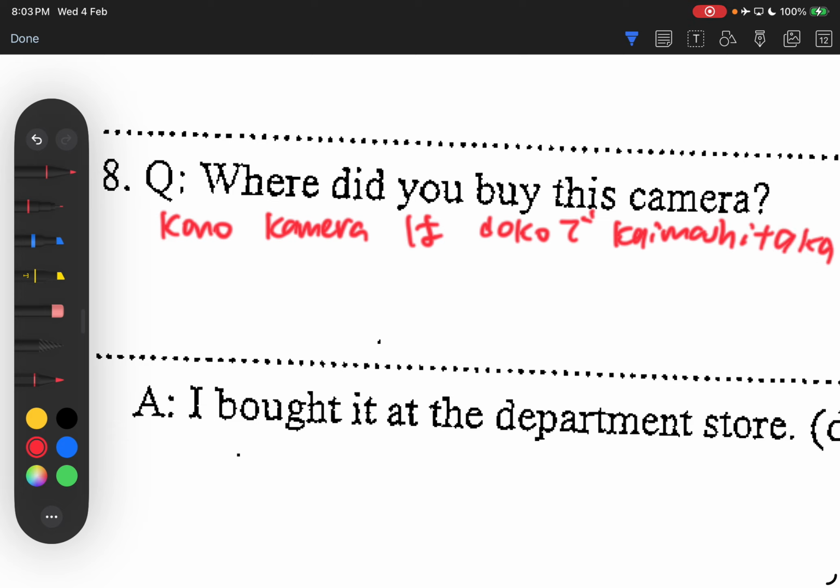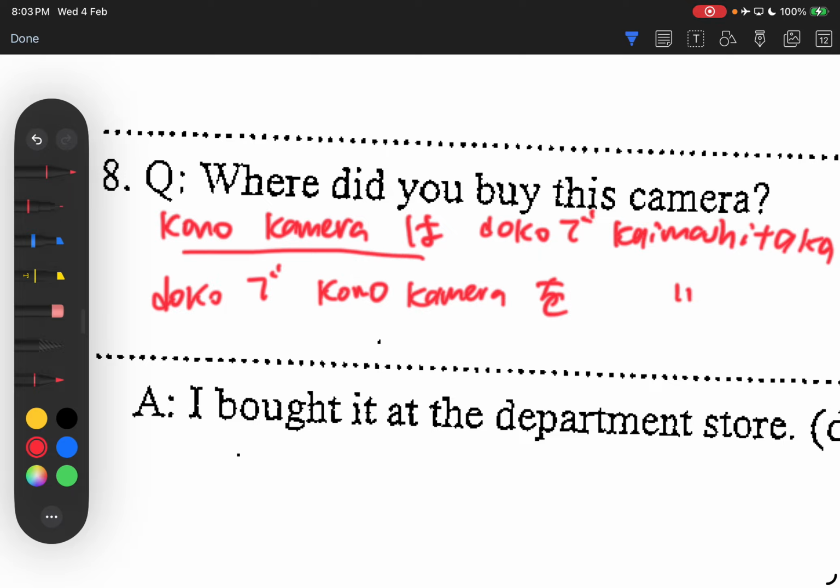Number two. どこでこのカメラを買いましたか? Right? So you can see the particles are totally different. このカメラは, this camera, about this camera, where you buy. Then the other question is this camera, where you buy.